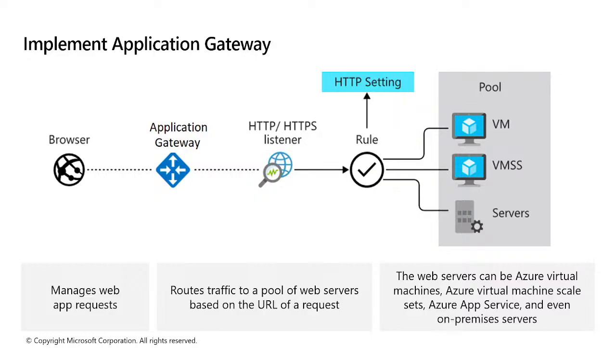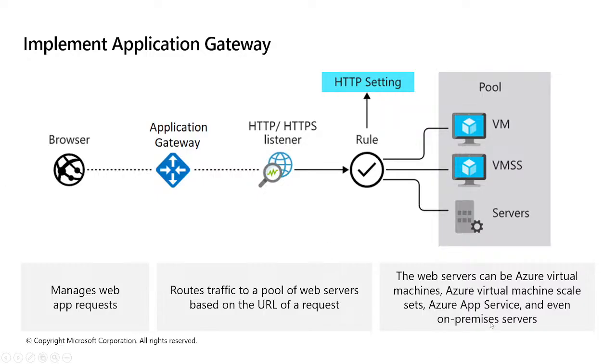Then, based on the rules you've configured, your traffic will be redirected to the backend pool, which is the backend server actually hosting that. Your backend pool might be virtual machines, servers from on-premises, or app services in Azure, regardless of what you really want.